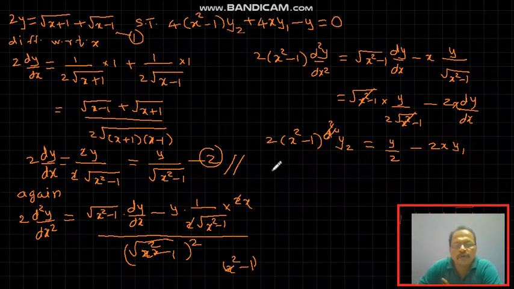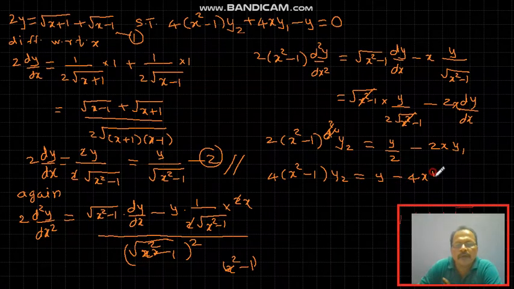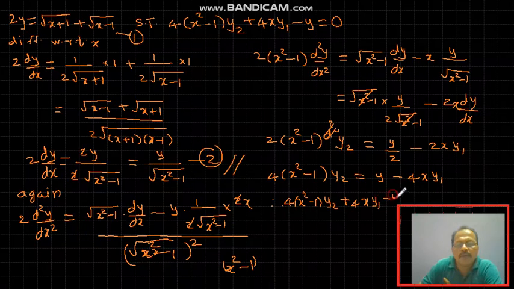Multiplied by 2 we get 4 into x square minus 1 times y2 is equal to y minus 4x y1. Now transfer the required terms, all the terms on left hand side and get the desired answer. 4 into x square minus 1 times y2 plus 4x y1 minus y is equal to 0, and we have proved this.